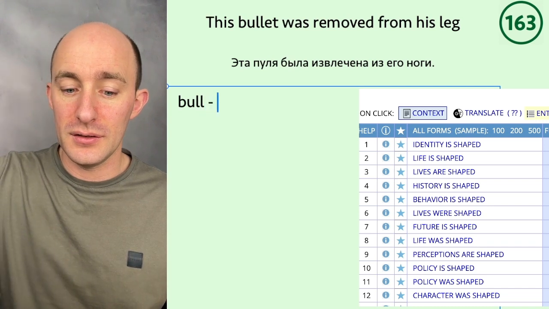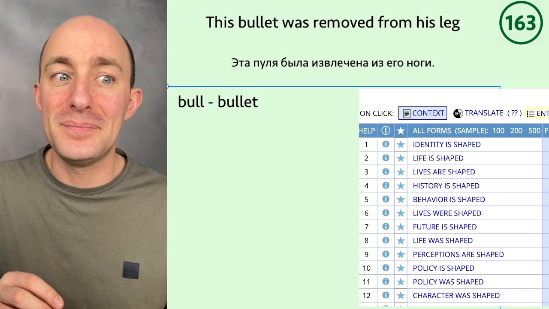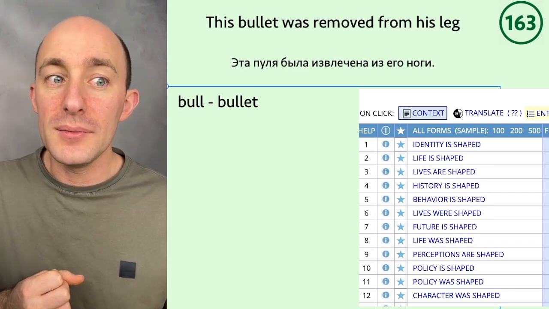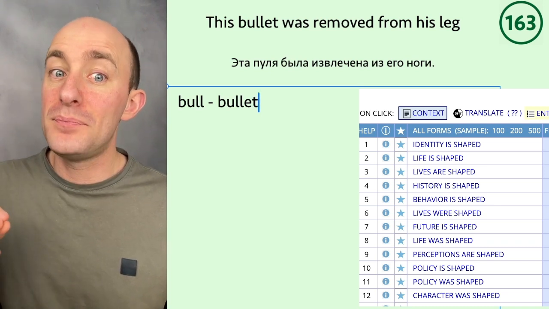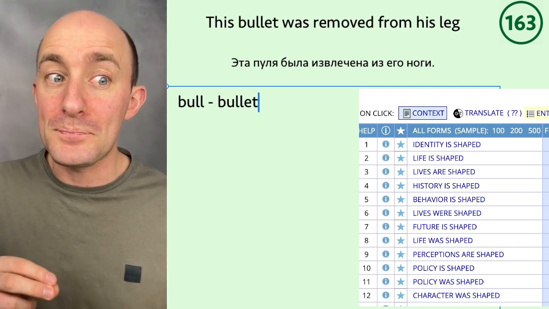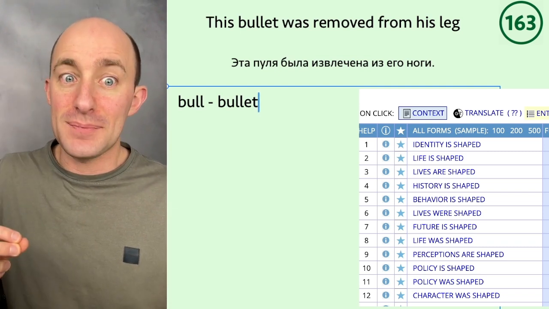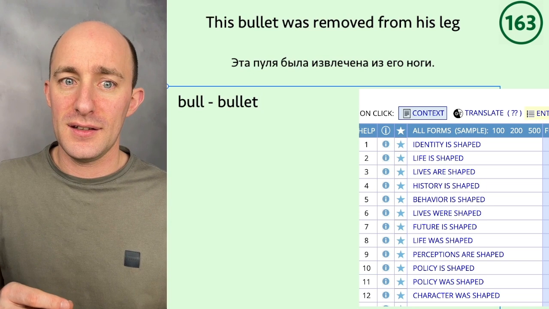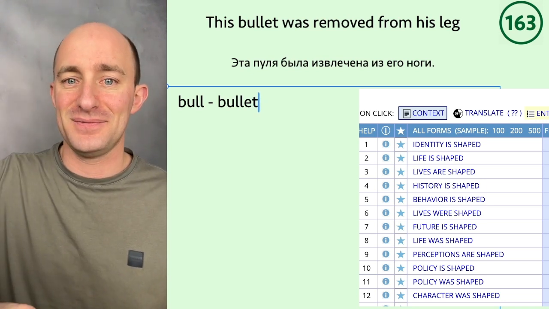Bull. Bullet. The stress comes from this before the bullet. Listen to the pause. This bullet, that really creates a sense of stress. This bullet was removed from his leg.